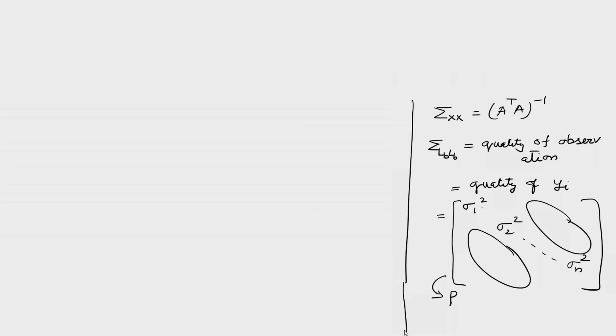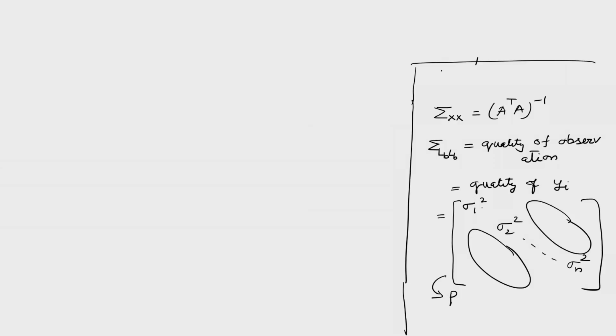Okay. So now what about the quality of the adjusted values? That means, if I find the quality of the residuals, sigma VV, I write a relationship which can be proven: sigma VV equals sigma LB minus sigma LA. What is the meaning here? The quality of given or observed values, sigma LB, is inferior to the quality of the adjusted values of the same variable. I am trying to adjust the variable y.